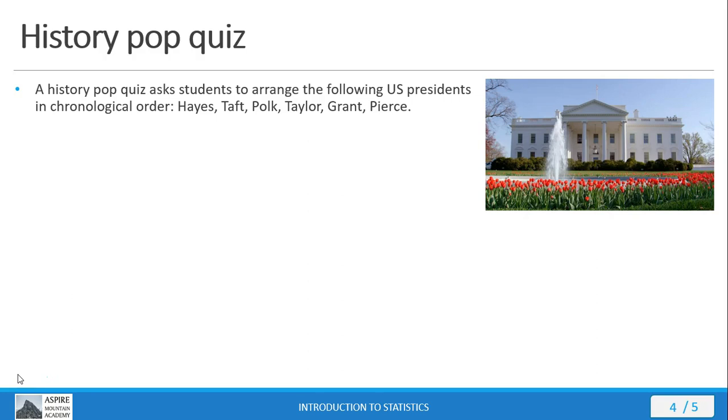Now, some of you are probably looking at these names and thinking, well, you might recognize 1 or 2 of them, but some of these are going to be presidents that most people don't know much about. So let's say we have an unprepared student who doesn't know anything, right? You're completely unprepared for this. So you're totally going to guess what your answers are. What's the probability that this unprepared student guesses correctly?